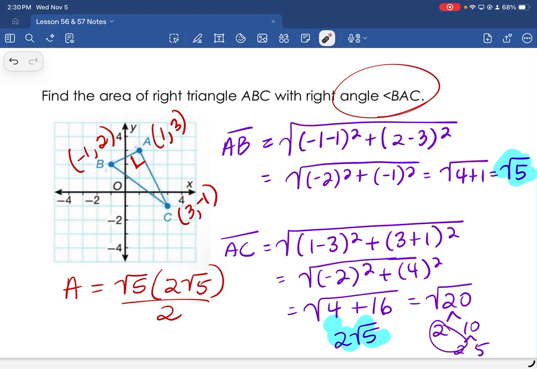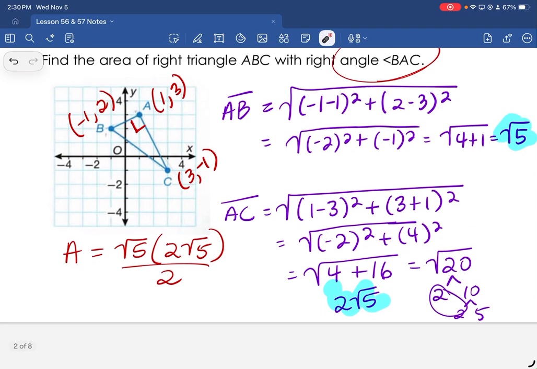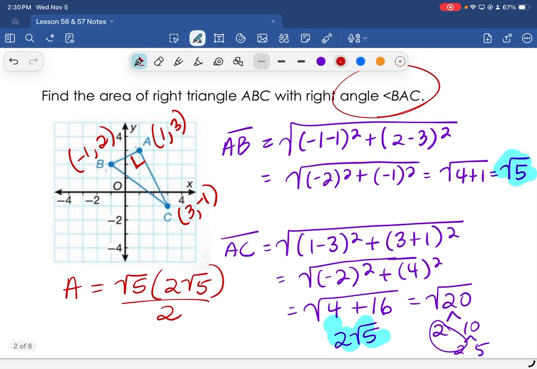Do you remember me teaching you that when you multiply the same radical times the same radical, it comes out? So this is a 5, and 5 times the 2 is 10. If I were to work this out the long way, it'd be 2 root 25 divided by 2. And actually, now that I'm writing this out, look, the 2's can cancel, and this is equal to 5. The area is 5 units squared.